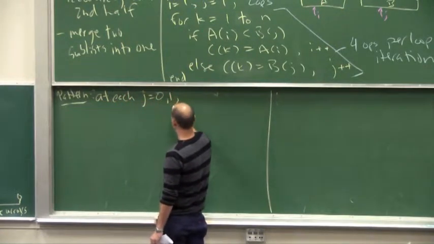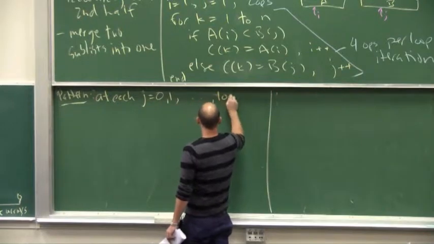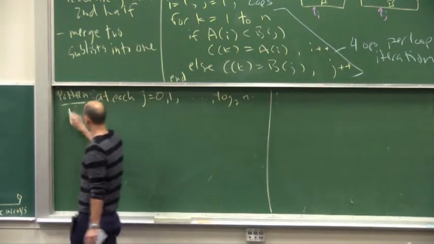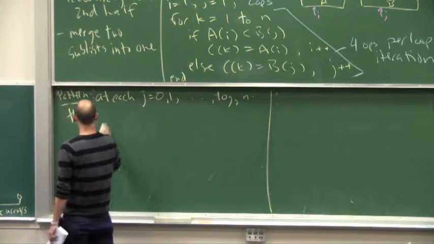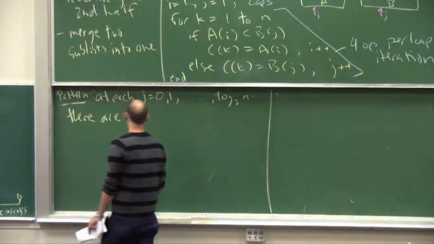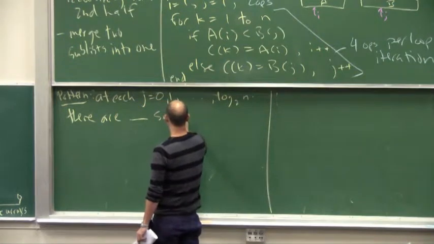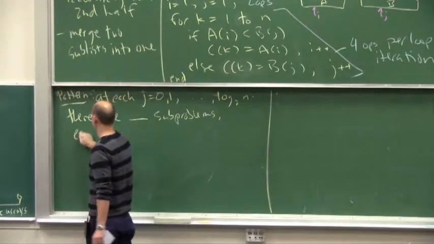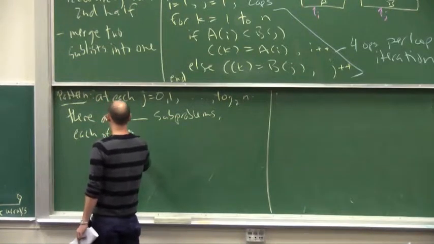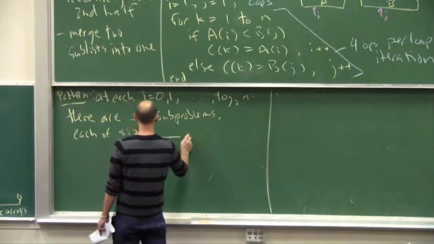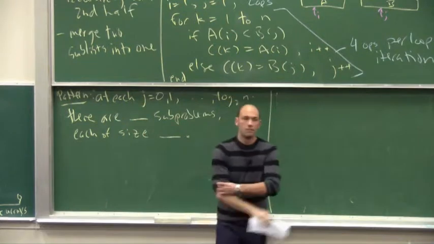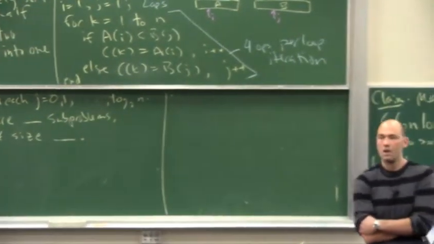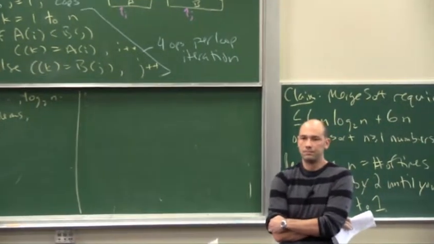So starting with 0, going up to log base 2 of n. So there are blank subproblems of size blank. What we need to fill these in is something which is a function of the level number j.